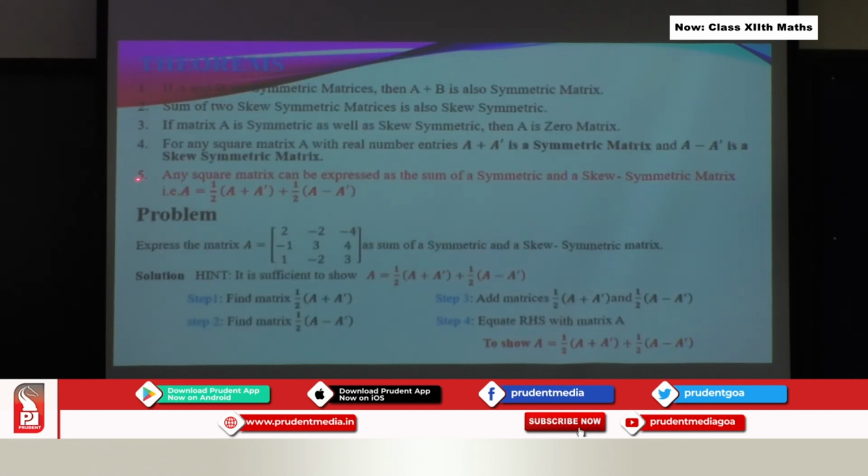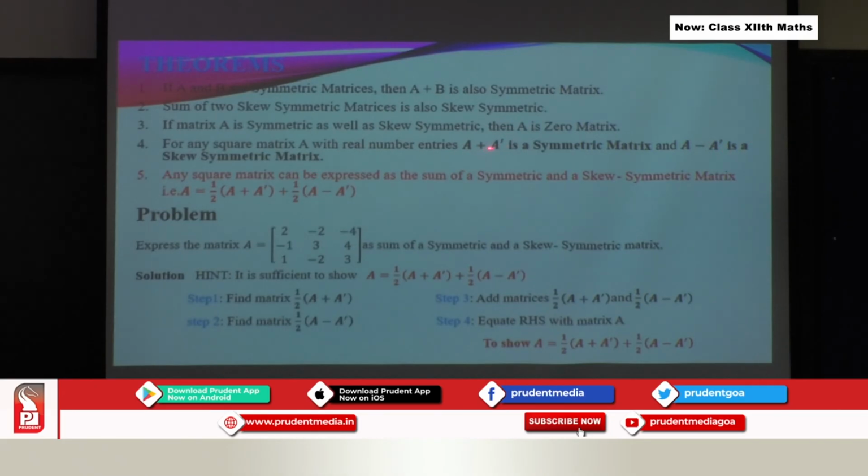Now, the fifth theorem is very, very important. You may get problems also based on it. Before I go to the fifth, I must talk about the fourth, because the fifth is a continuation of the fourth. For any square matrix A with real number entries, A plus A transpose is a symmetric matrix and A minus A transpose is a skew symmetric matrix.